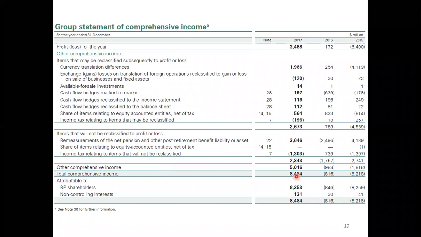Here you may find total comprehensive income attributable to shareholders of the holding company, the controlling interest, and to minority interest, the non-controlling interest. So this is the second type.